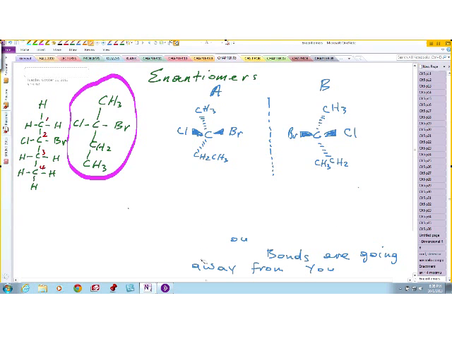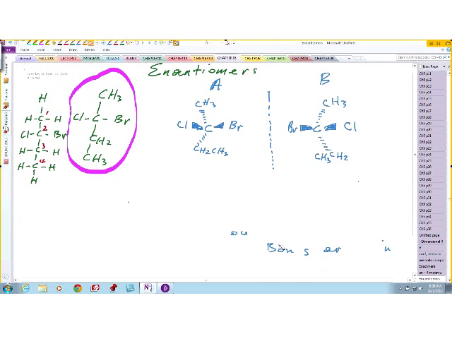To name molecules A and B, we use what we call the Cahn-Ingold-Prelog priority sequence rules. Cahn, C-A-H-N, Ingold, Prelog.